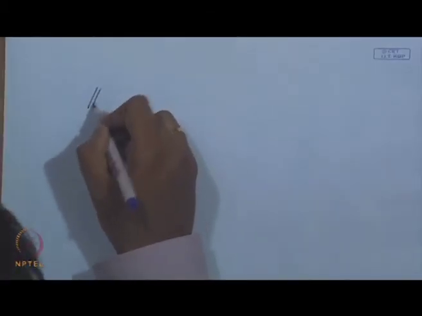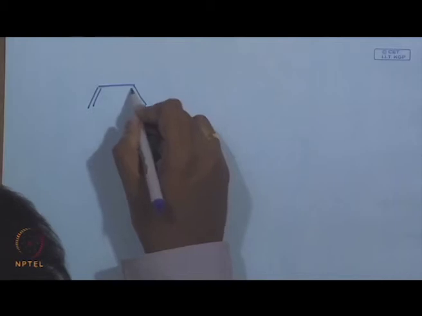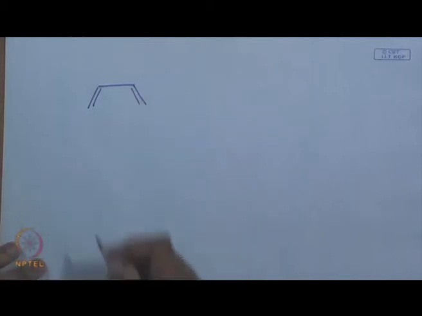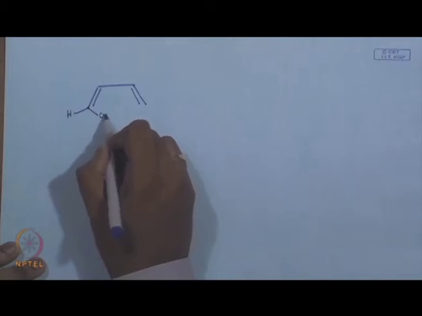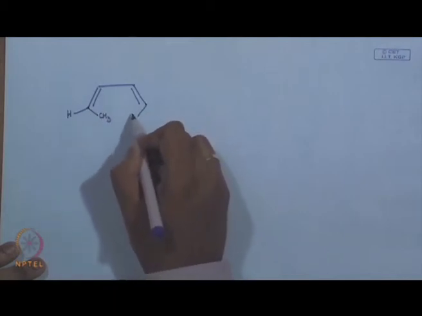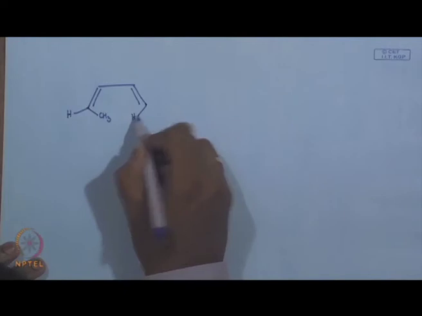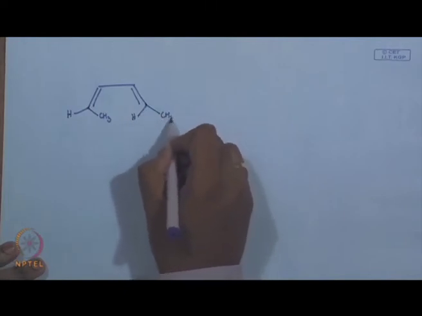Now we will take some examples and try to understand this. That will be really nice to see. For example, I am taking this system. Now I have brought a little bit of an interesting fact, a substituent, into it. If it is simple butadiene, you do not understand much about its dis or con.